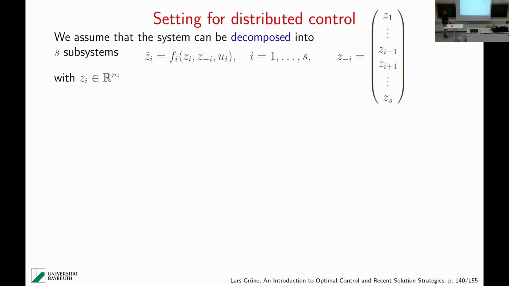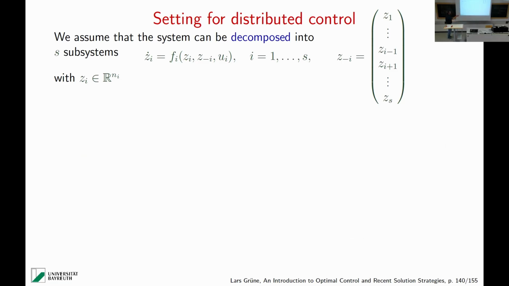And now the question is: are there other optimal control problems where the optimal value function has this special structure? And yes, distributed control leads the way to get that. So what we assume is that we can decompose our system into S subsystems, and they depend on subsets of the state vector.